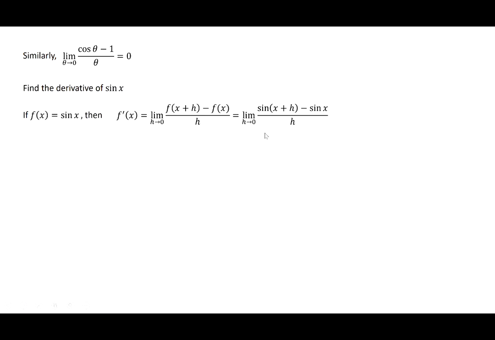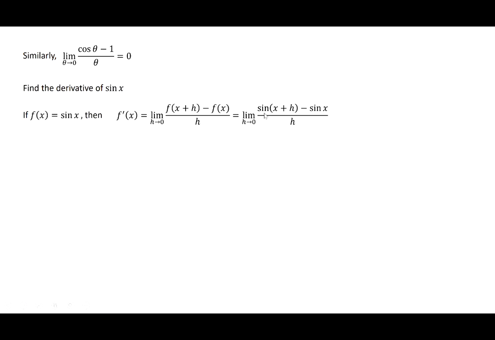This is just to show you. Okay, so now if we were to simply plug h equal to 0 into this, we end up with sine x minus sine x, which is 0, over 0. So that's an indeterminate form. So how do we evaluate that limit?